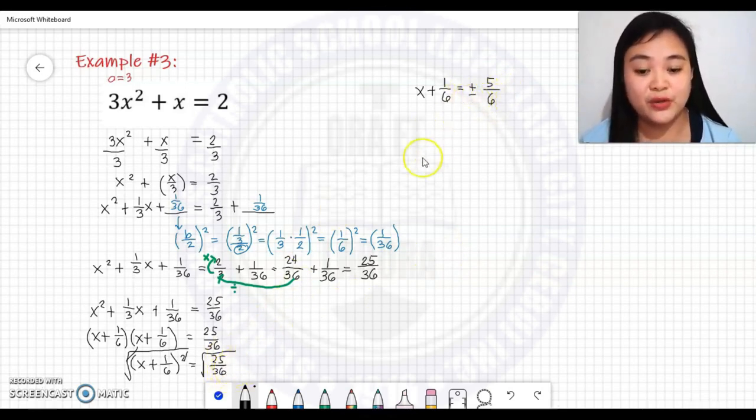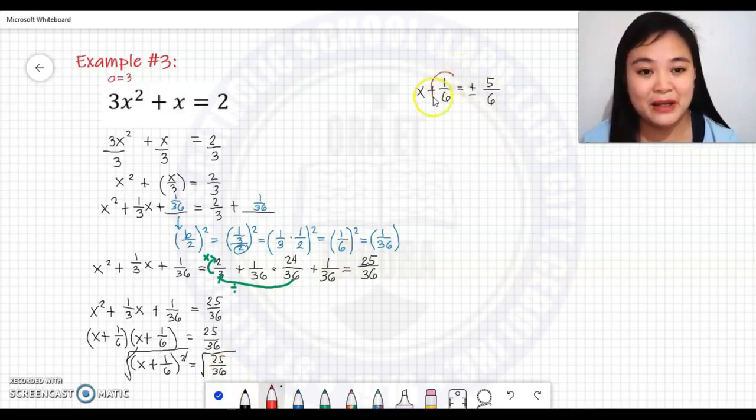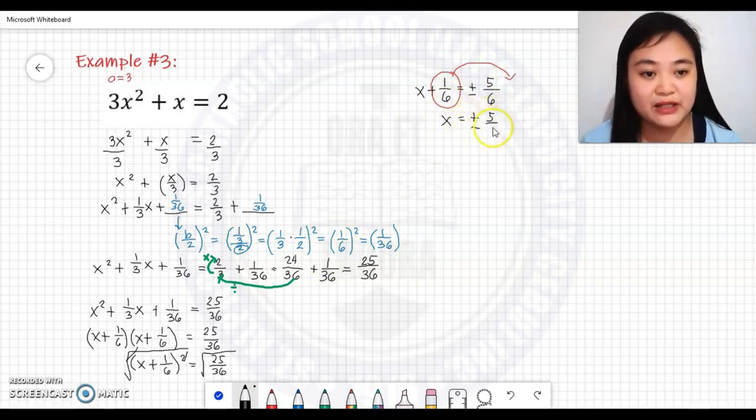Okay, so next, we're going to transpose 1 over 6 to the other side. So it will become x equals positive negative 5 over 6 minus 1 over 6.